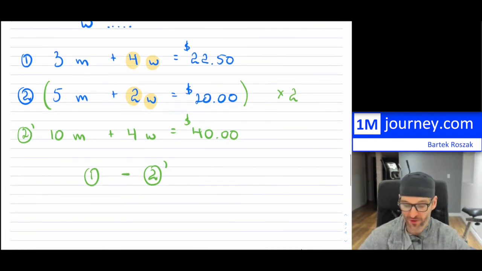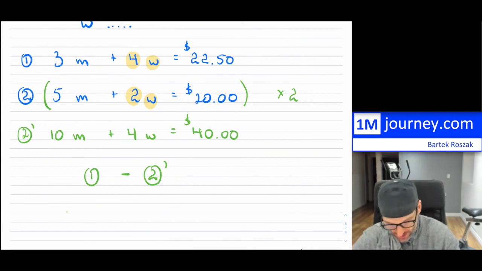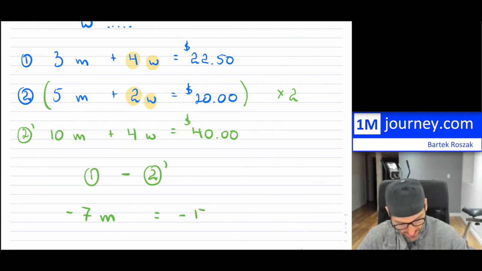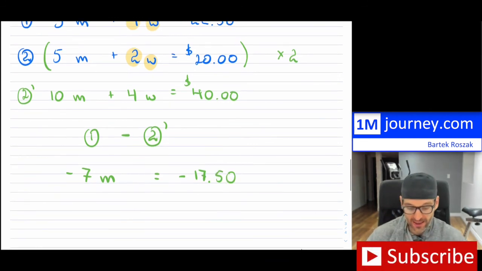I have 3 minus 10, so that's going to be negative 7m is equal to 22.50 minus 40. So it's going to give me a negative there, and it's going to be negative 17.50. The negative and this negative will just cancel.